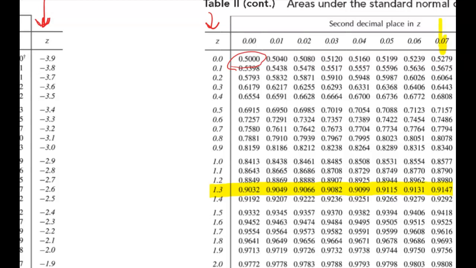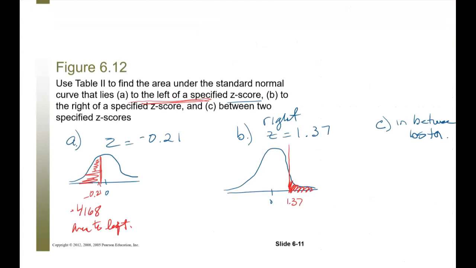So it appears to be 0.9147. And now you think, wow, that area cannot be 0.9, right? Because your table gives you the area to the left only. So again, 1.37 was 0.9147. That's over here. But we want the area to the right.